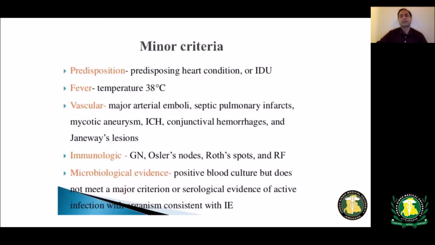So what are the minor criteria? Minor criteria means the patient has a pre-existing condition which can increase the risk of infective endocarditis, such as a history of infective endocarditis, or history of intravenous drug use, or a history of cyanotic heart disease which was not repaired, or partially repaired, or repaired with some residue, or involved using prosthetic material, or a history of prosthetic valve replacement, or a history of atrial septal defect which was repaired with prosthetic material.